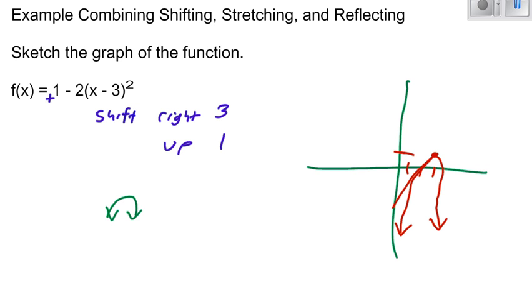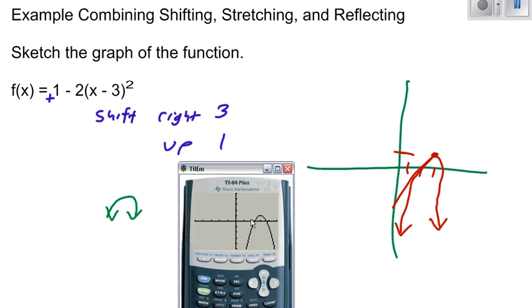Something like that. For a more accurate graph, you could plug it into your calculator. You can see essentially the same thing. It shifted to the right 3, up 1, opened down, and it's hard to see the vertical stretch because there's nothing to compare it to, but it's there.